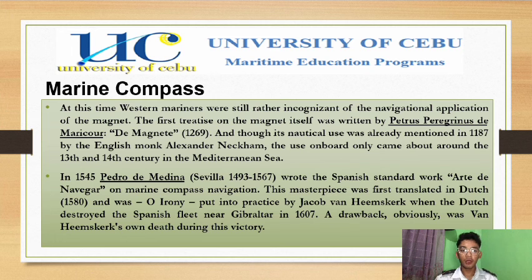At this time, Western mariners were still rather unaware of the navigational application of the magnet. The first treatise on the magnet itself was written by Petrus Peregrinus de Maricourt, Epistola de Magnete, in 1269. In it, he describes the lodestone and its magnetic properties, the two poles of a magnet, and the fundamental properties of magnetic attraction and repulsion.